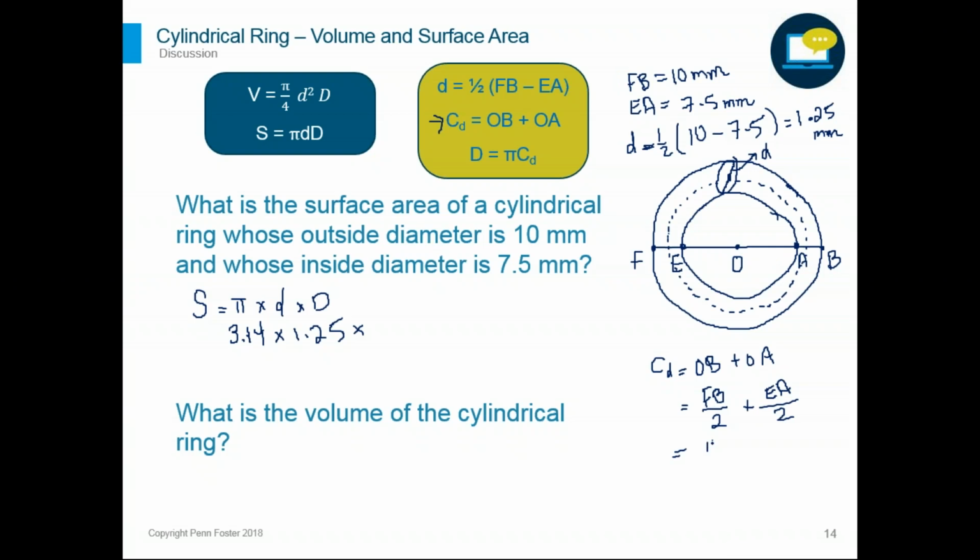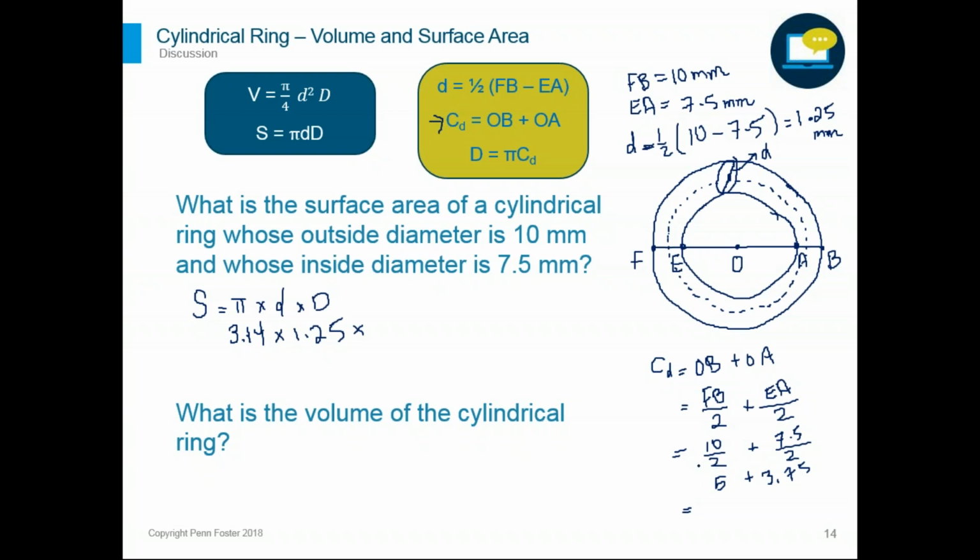That equals FB is 10 over 2, EA is 7.5, divided over 2, and that will give you 5 plus the half of 7.5 is 3.75. Add them together, and that will give you not the capital D, it will give you only the diameter of that circle.